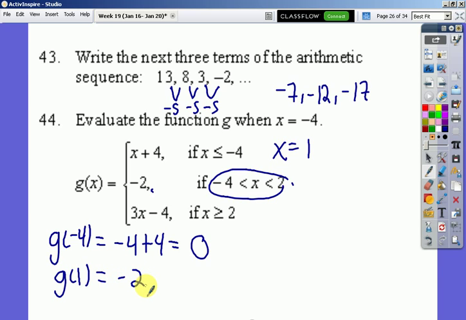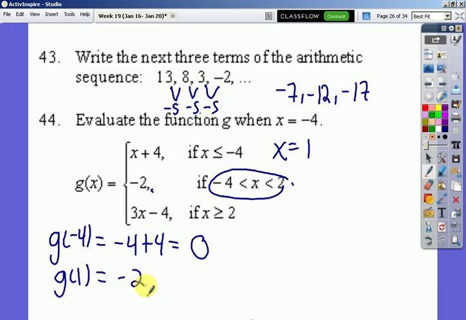In this case, it's a horizontal line, because you have g of x, or y, equaling a number. Does that make sense? If I said evaluate g of 0, it would also be -2, right? If I said evaluate g of -3, it would also be -2, right?